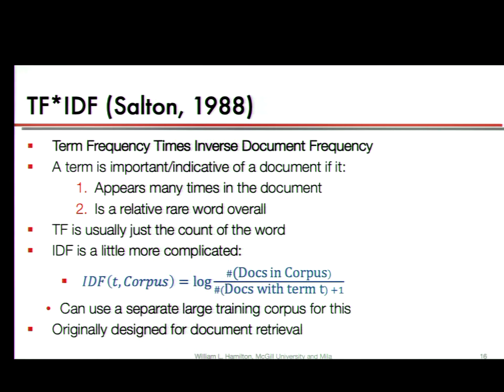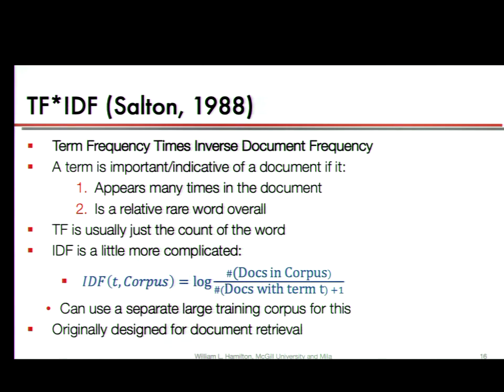So this IDF term is going to downweight words that occur in all different types of documents. Again, if we're trying to classify the topic or the sentiment of something, a word that occurs in every single IMDb review can't be that informative for a classification task. So why don't we downweight this word?